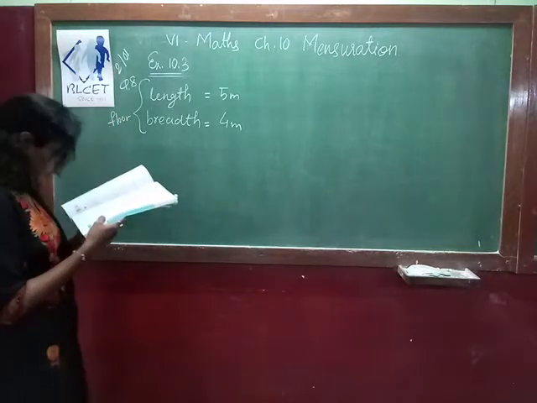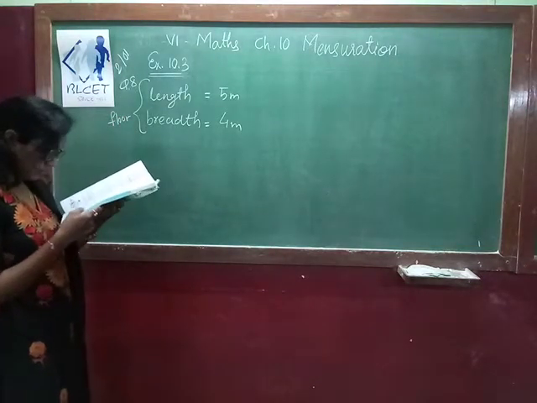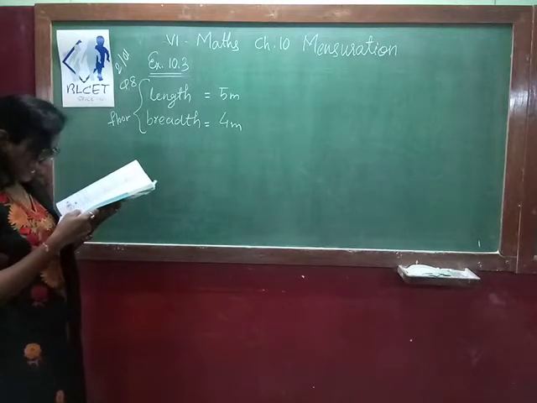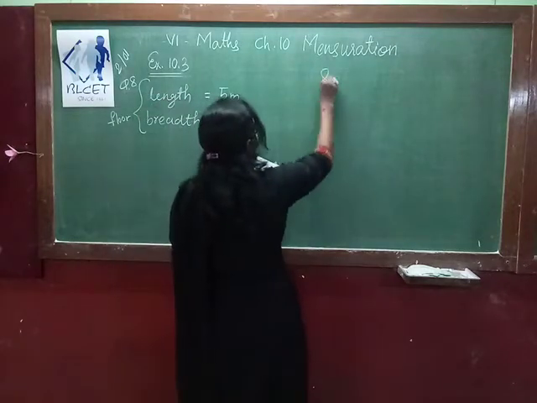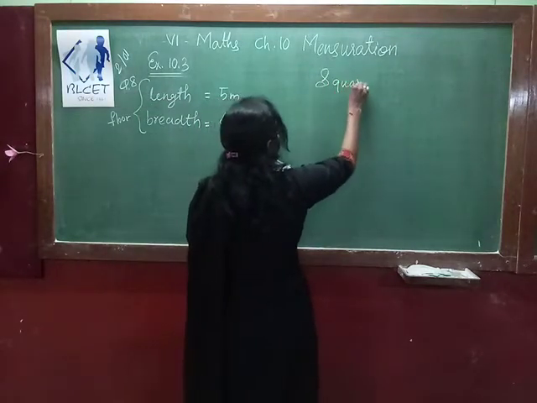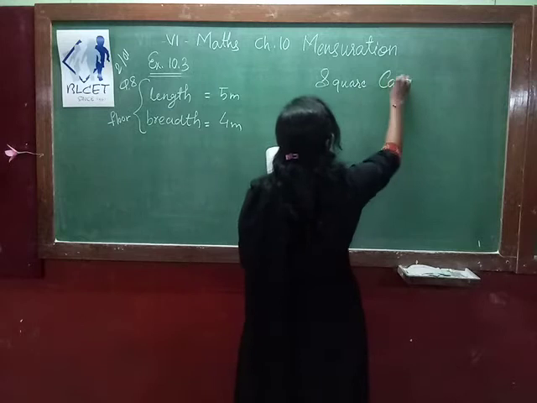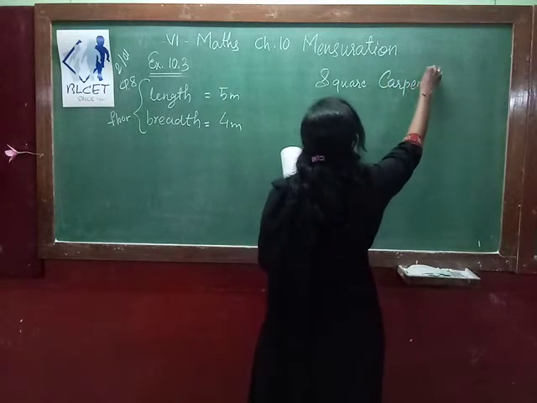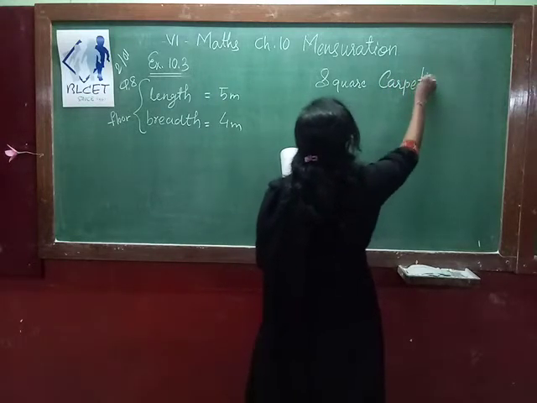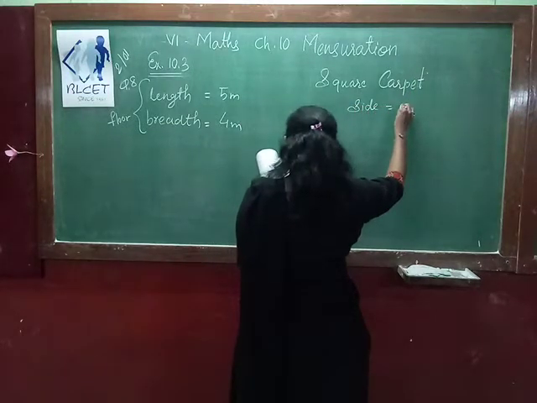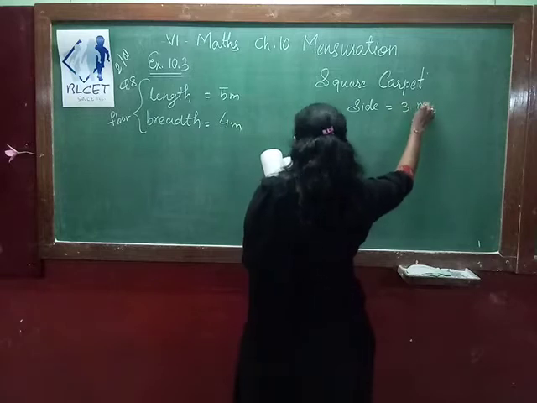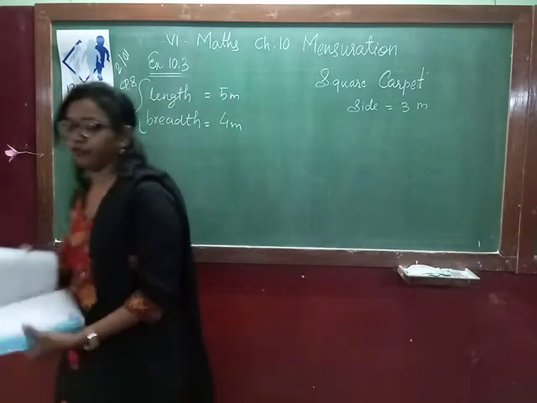Now what is the question? A square carpet of size 3 meter is laid on the floor. So the square carpet, whose side is equal to 3 meter, is laid on this rectangular floor.